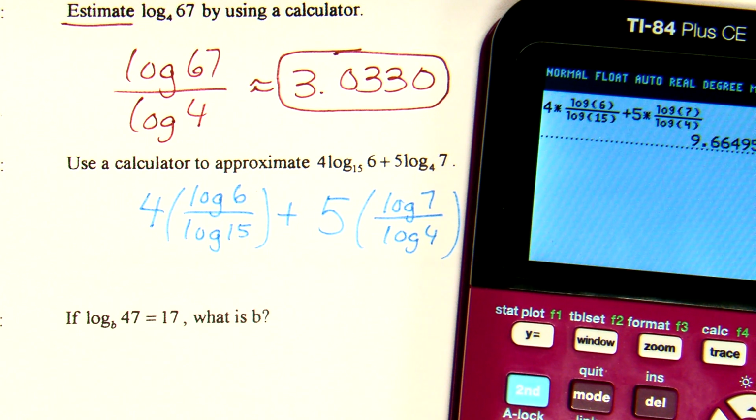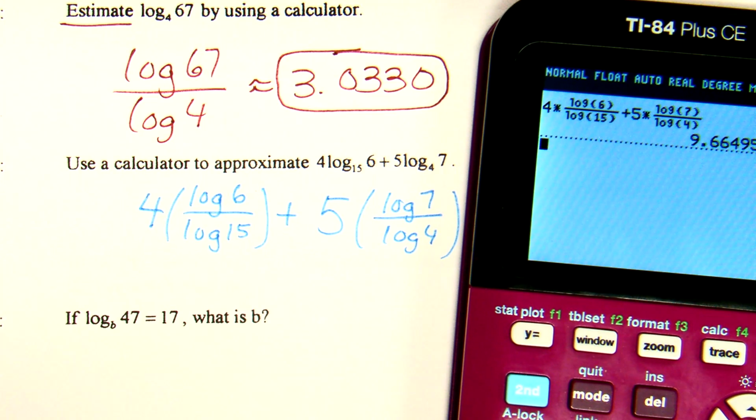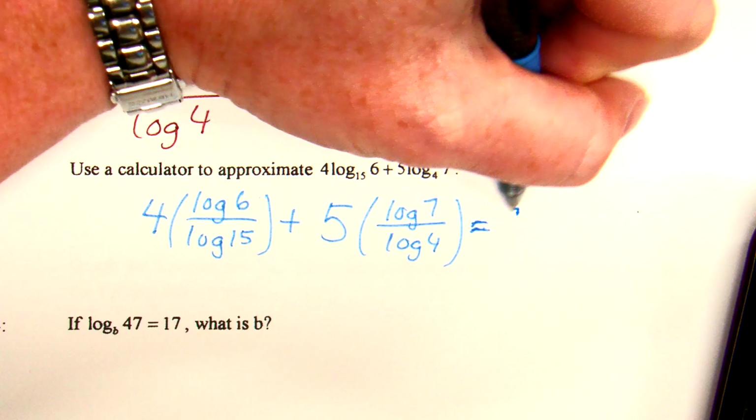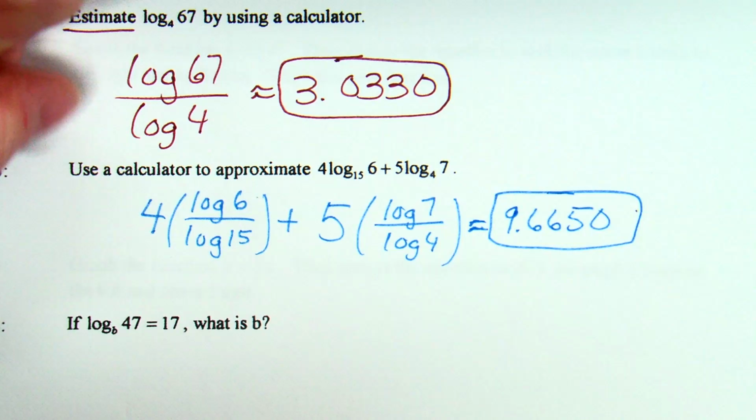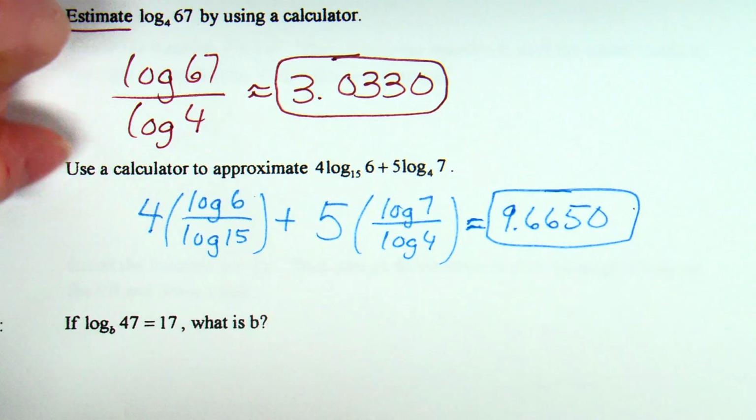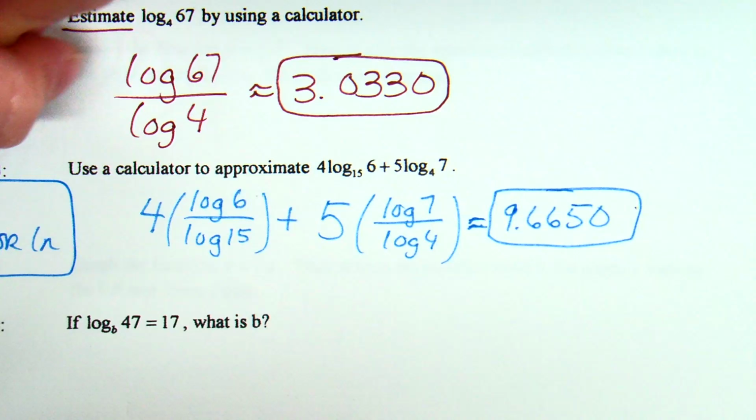Yeah. Okay. 9.6649, but the 5 rounds it up, so 9.6650 approximately. Okay. And out of habit, we used all these as logs, but do remember, you can use log base 10 to do this, or natural log.